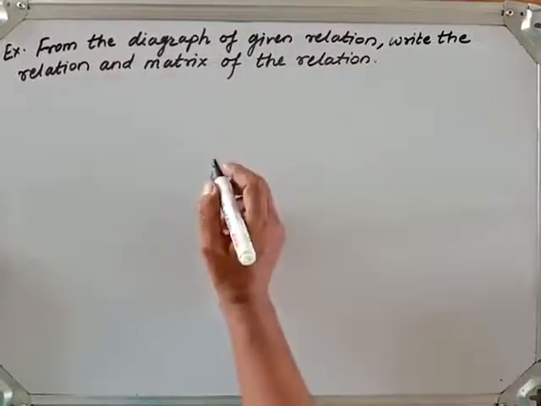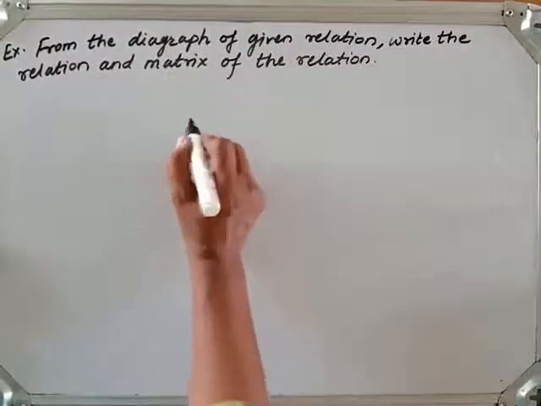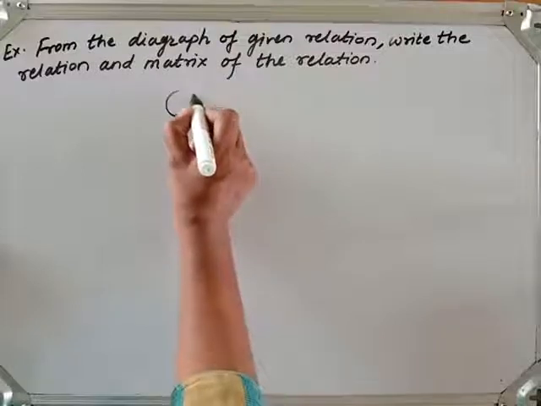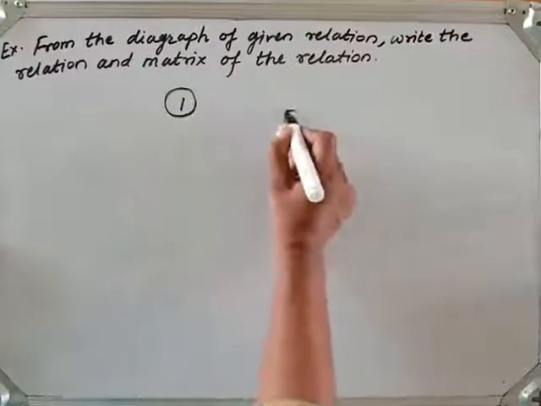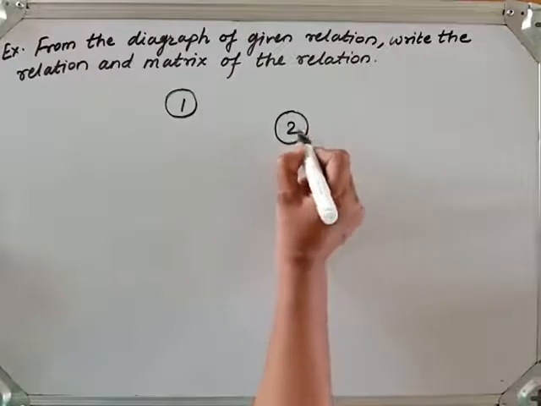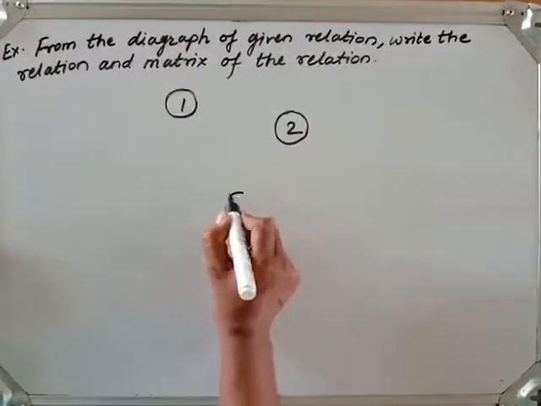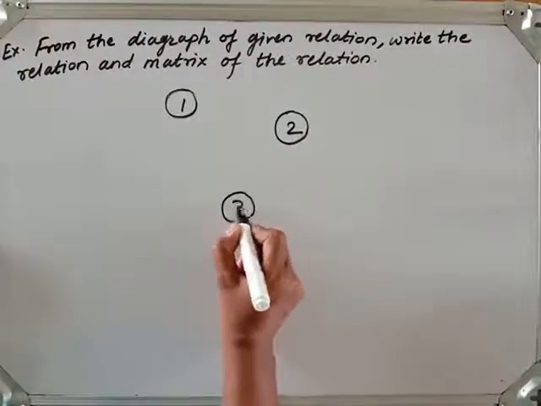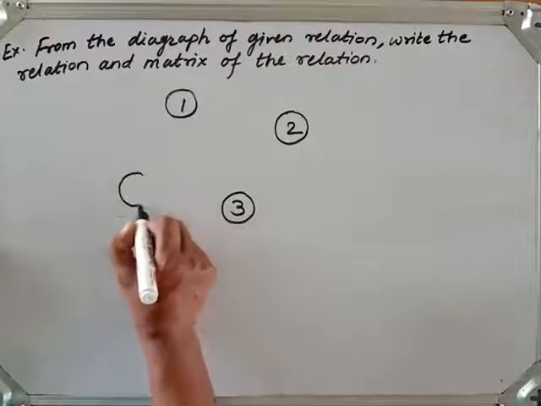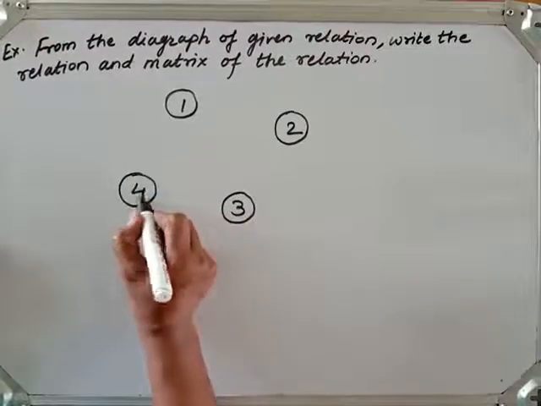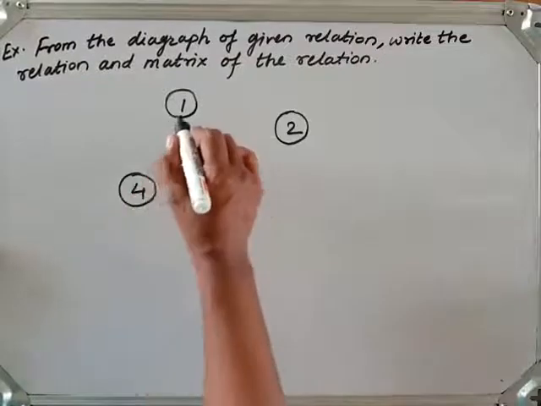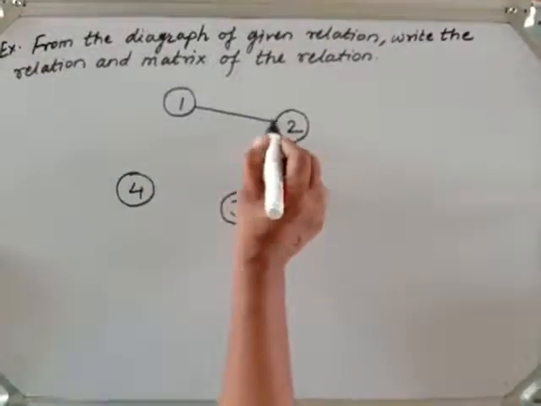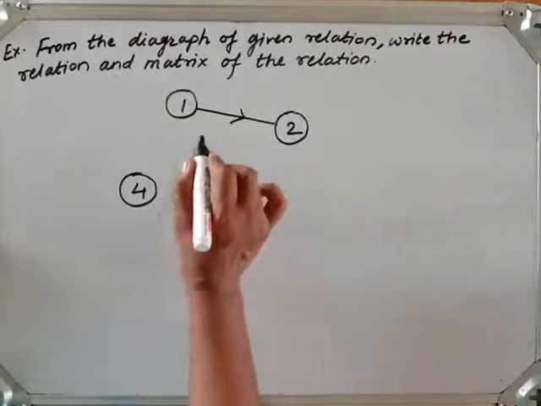Now the diagram is given to us. It is as, suppose 1, 2, 3, 4. Now here 1 is towards 2.